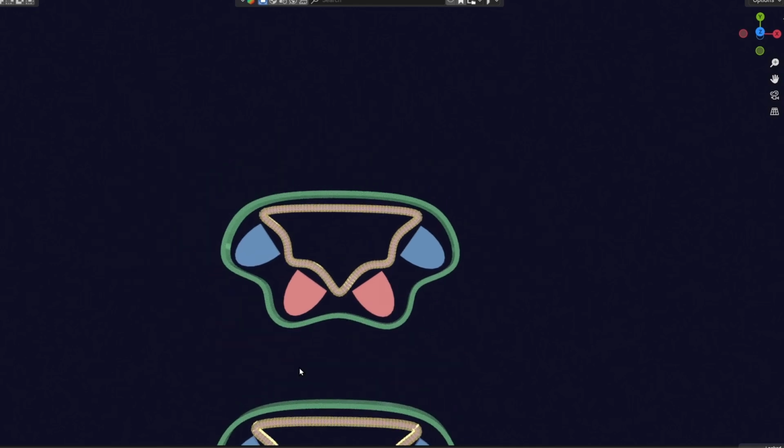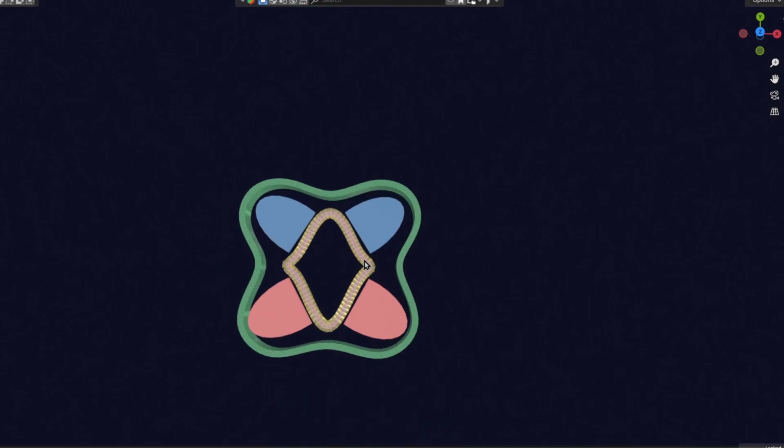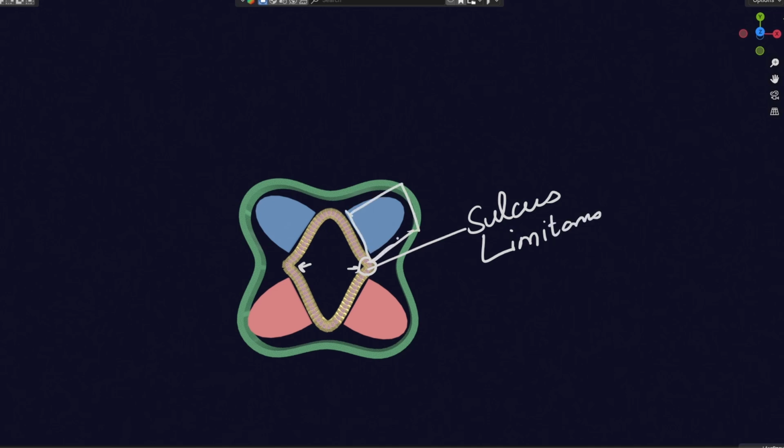And here I want to show you another thing as well. Initially you see that in the lateral wall of this developing neural tube, we have shallow grooves, and these grooves are basically the sulcus limitans. Sulcus limitans demarcates that here is the ending of the alar plate, and here the basal plate starts.